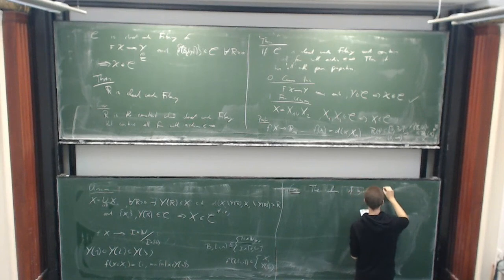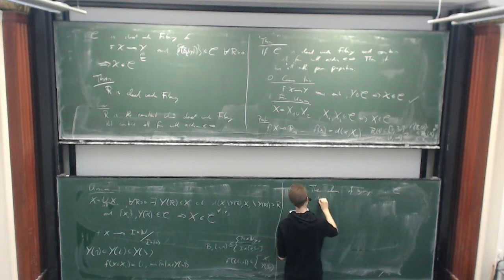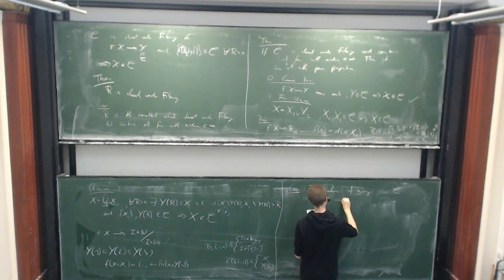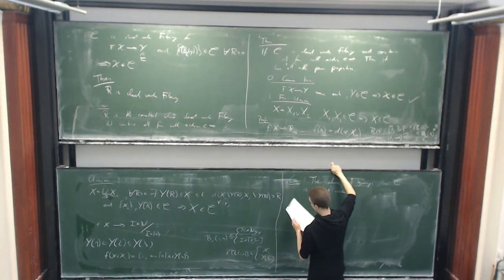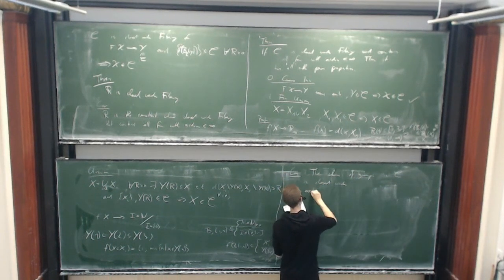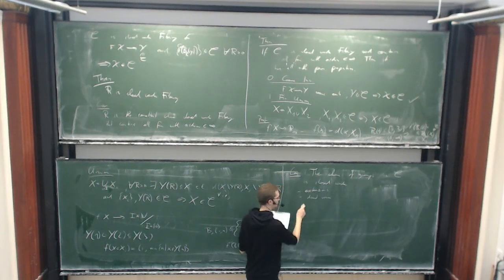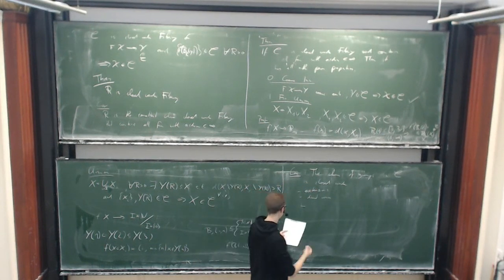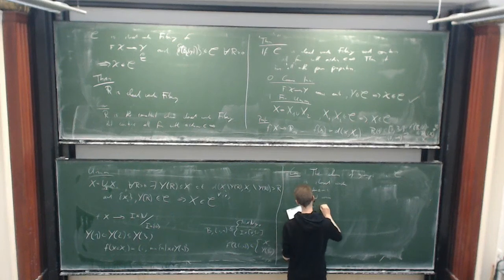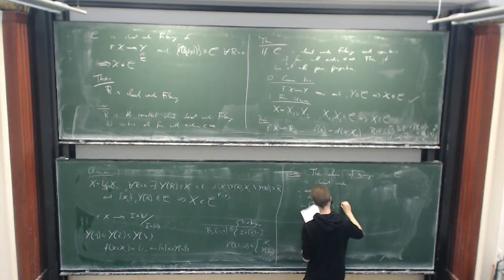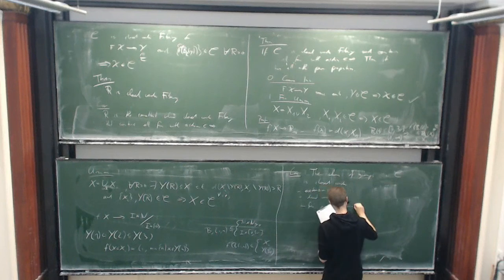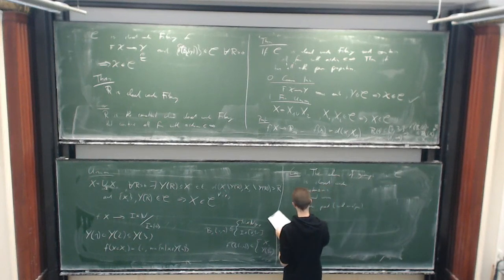The class of groups in C is closed under the following: extensions, direct unions, so this would use limit permanence, which I didn't do, free products, with amalgamation, and relative hyperbolicity.